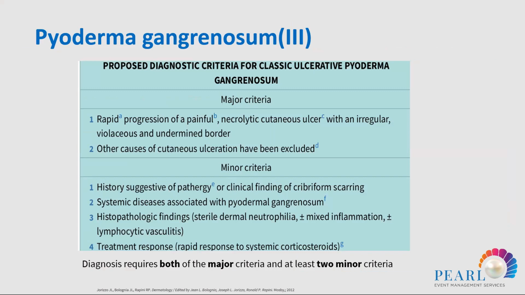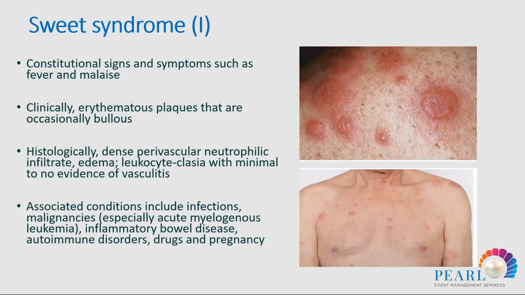With regards to the major criteria, there could be a rapid progression of a painful necrotic cutaneous ulcer with an irregular violaceous undermined border, and we need to rule out other causes of ulceration. With regards to the minor criteria, there should be a history suggestive of pathergy. Patients may have an associated illness, histopathological findings of neutrophilic dermatosis with or without vasculitis, and a rapid response to corticosteroids.